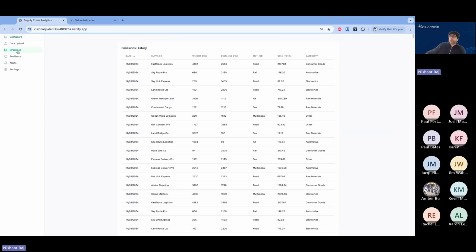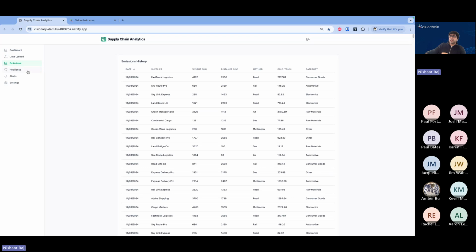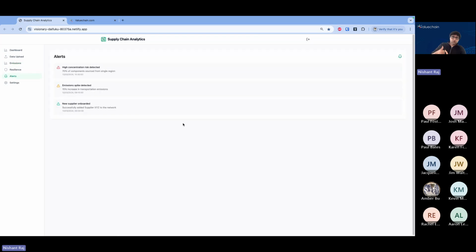Now, you can see individually the data format that we have uploaded: the dates, the names of suppliers, the weight, the distance, the method, and then that calculates the carbon emissions, and the category of the goods. The system can obviously be configured to drive updates and alerts when things start to happen, especially on the forecast side.